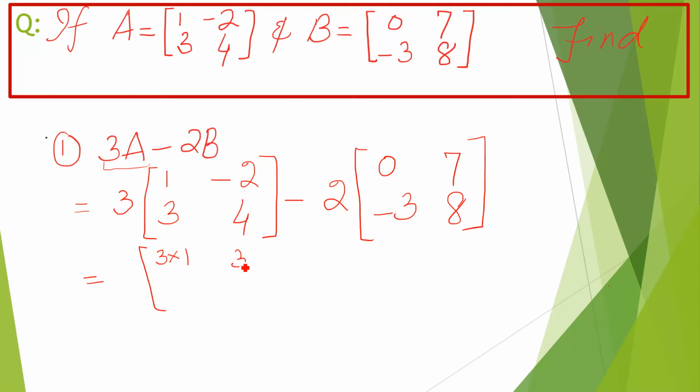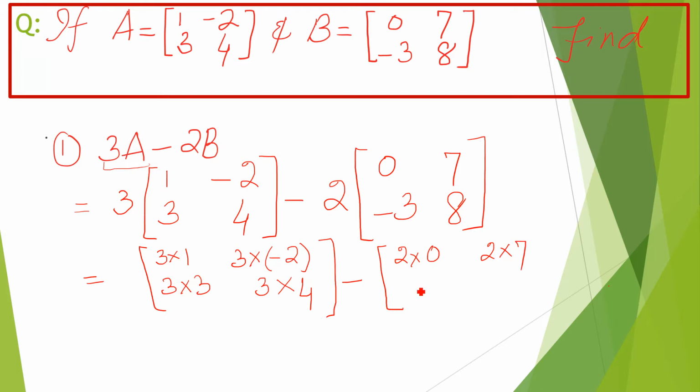We can do it directly as well, but I know that there are marks for the procedure as well. That is why I am solving step by step, but in the next few lessons we will do it directly. Here minus, and then multiply all these 4 elements by 2. 2 minus 3, 2 multiplied by 8.